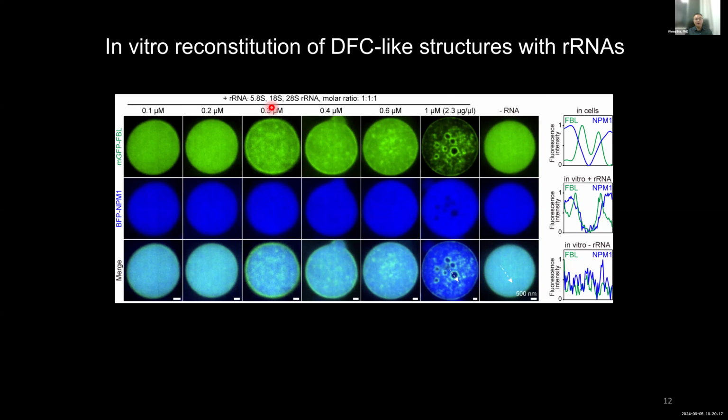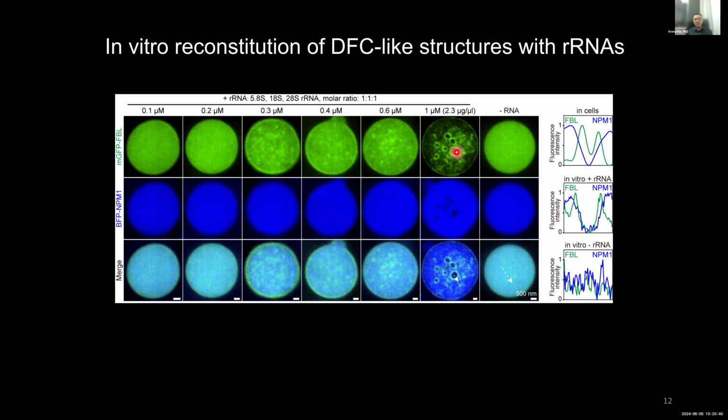However, when we added 3 types of ribosome RNA together into the system, when the RNA reaches a very critical concentration here, 1 micromolar, which is about 2.3 microgram per microliter, we observe the formation of those ring-like structures, similar to the DFC structure in cells.